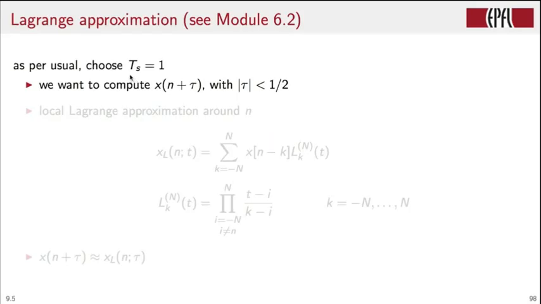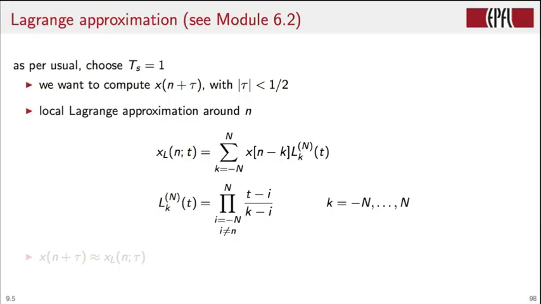So as per usual, we choose the sampling interval equal to 1 so that we lighten the notation. We have a continuous time function x of t, and we want to compute x of n plus tau with tau less than 1/2 in magnitude. So we have samples of this function at integers n, and the local Lagrange approximation around n is given by this linear combination of Lagrange polynomials weighted by the samples of the functions around the approximation point.